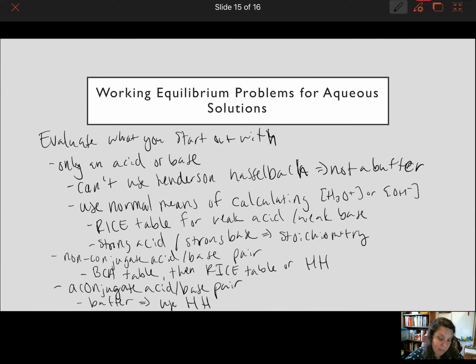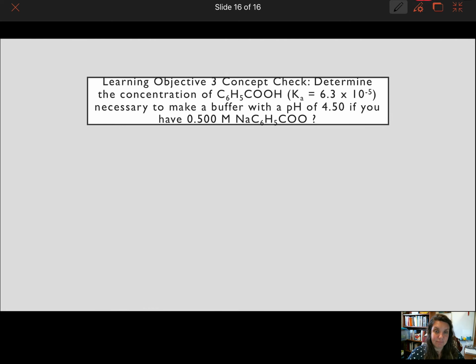Or if you have a buffer, then you can use Henderson-Hasselbalch. If you are given just a conjugate acid-base pair, then at that point you can use Henderson-Hasselbalch. But unless you're just given a conjugate acid-base pair, you're going to have to do something else before you can use your Henderson-Hasselbalch.